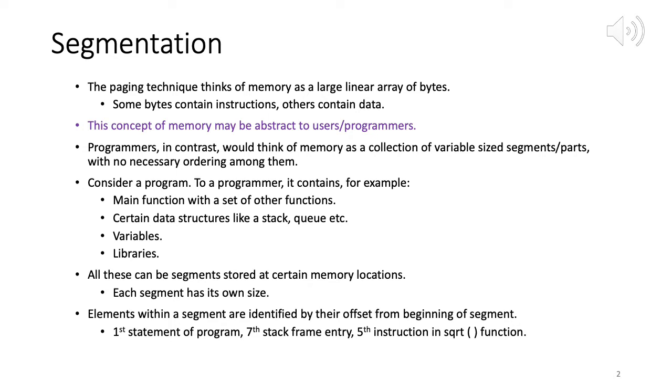The first technique was contiguous memory allocation, where the main concept is that whatever memory requirement a process may have, we try and allocate one and only one block of physical memory for that. Because of fragmentation issues, we discussed that was not a very good idea.